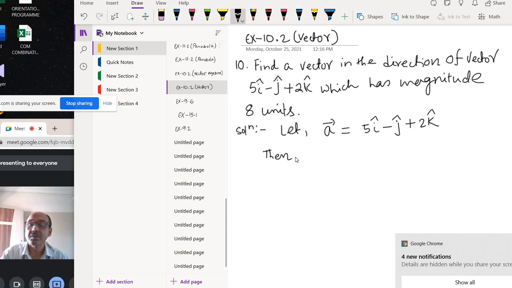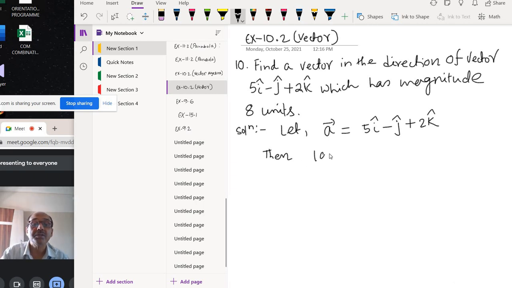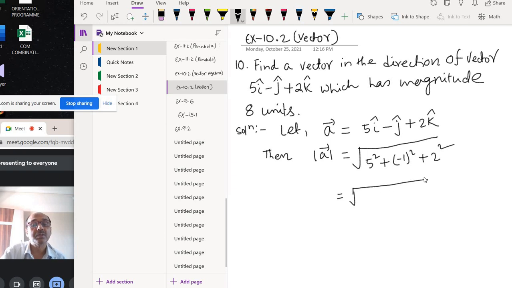Then magnitude of A equal to under root 5 square, coefficient of i is 5, so 5 square, plus coefficient of j is minus 1, so minus 1 square, and coefficient of k is 2, so 2 square, equal to under root 25 plus 1 plus 4, equal to root 30.